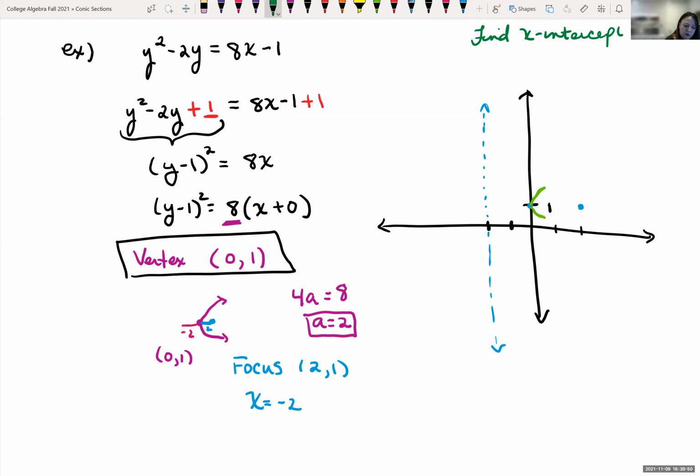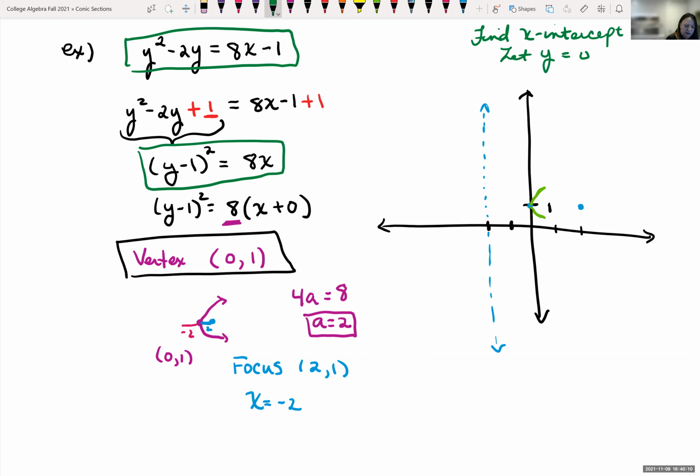So we're going to let our y value equal 0. We can do it in any form. We can plug it into our original, or we could plug it into our simplified form. Either way, we should get the same results.